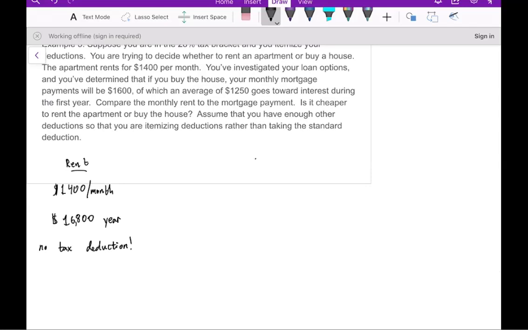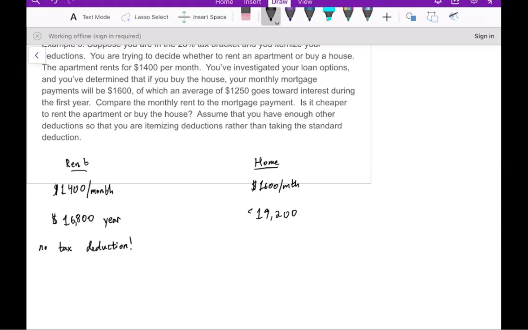Now, if you look at the home, you're paying $1,600 a month. So if I do 16 times 12, I'm going to get $19,200. So in the first year, you're paying $19,200.